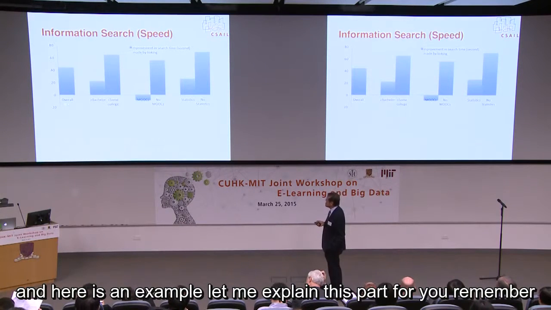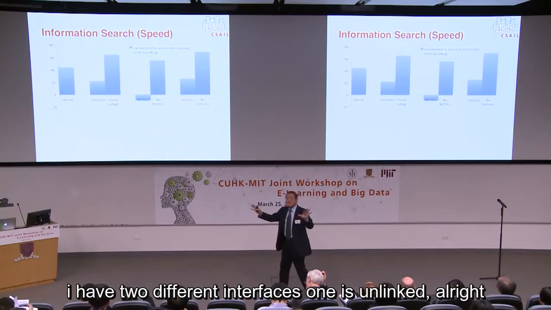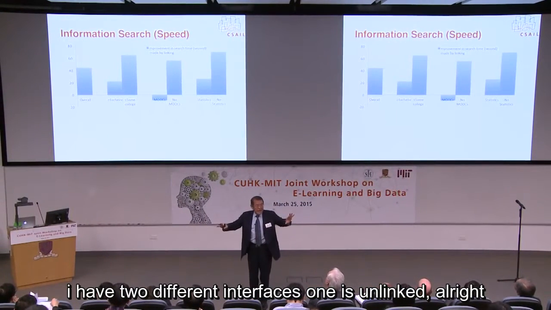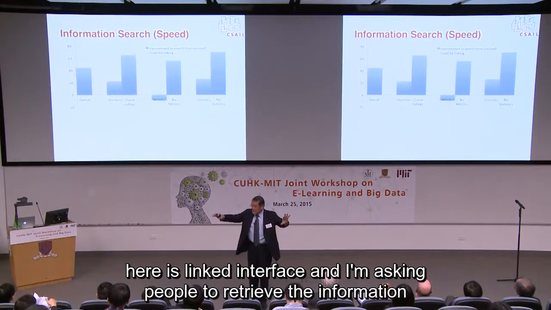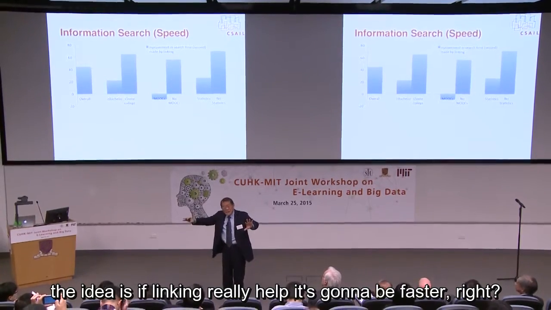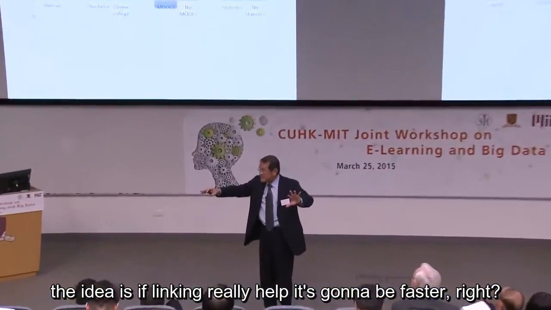Let me explain this plot for you. Remember, I have two different interfaces. One is unlinked, all right? And here is linked interface, and I'm asking people to retrieve the information. The idea is if linking really helps, it's going to be faster, right?